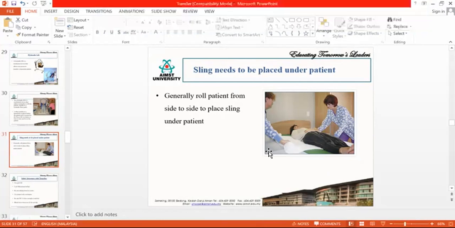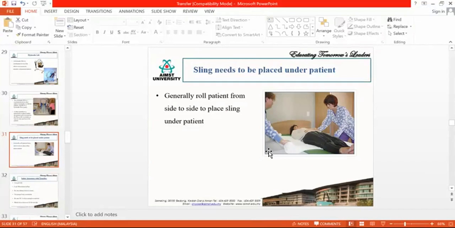Okay, so I'll just summarize from the beginning. You have two types of transfer. One is independent and the other is dependent. In independent, you have two sub classifications. One is the patient is able to do it by themselves.